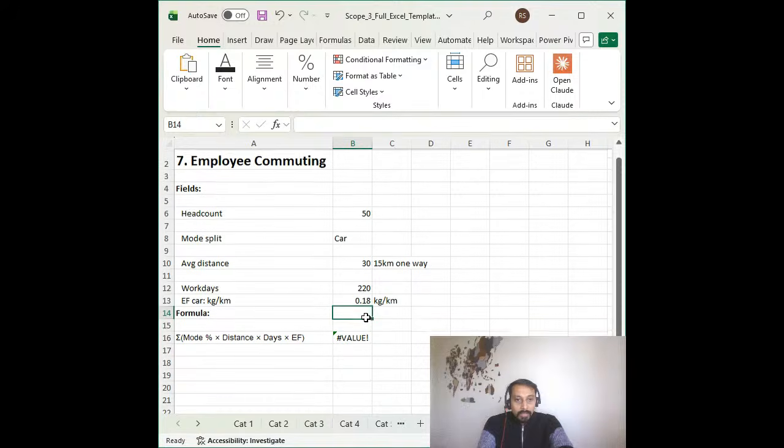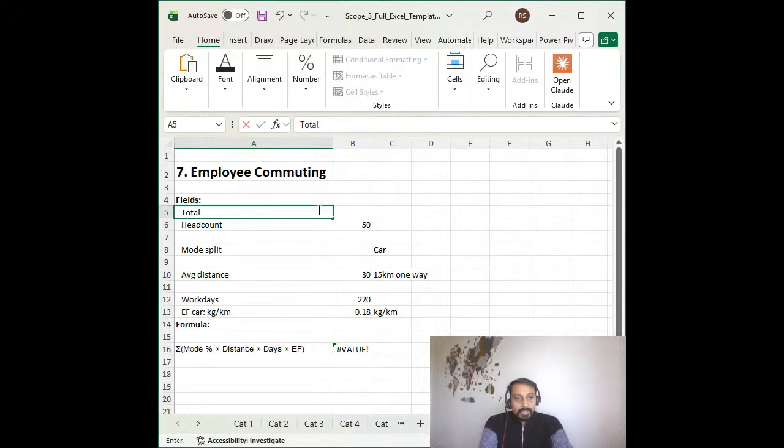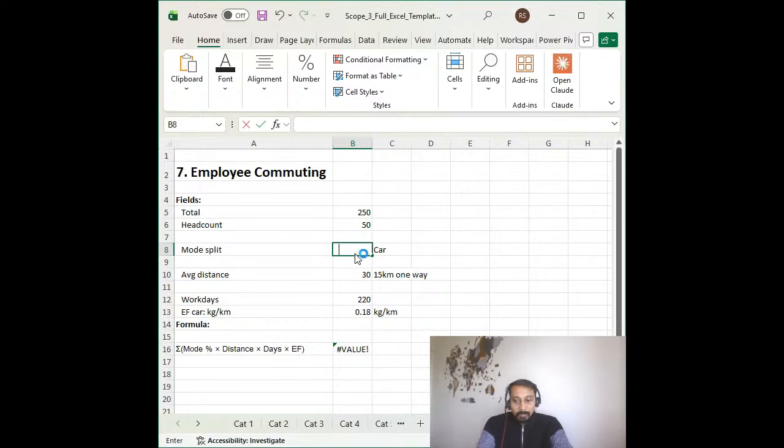So the overall value for the modal shift will be, here is the car. So for example, you have a total head count of 250, and out of which 50 are coming by car, let's say 30%. Then your calculations will be based on the mode percentage, distance, multiplication by days, and emissions factor.